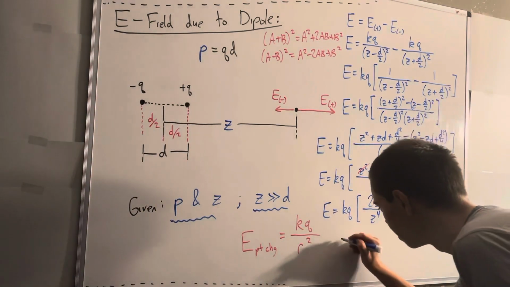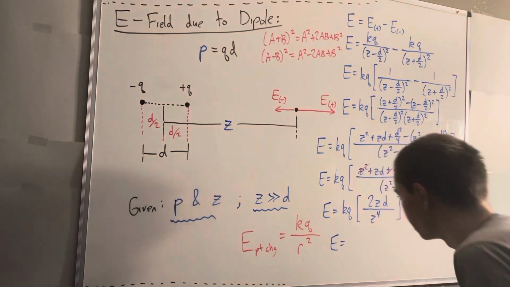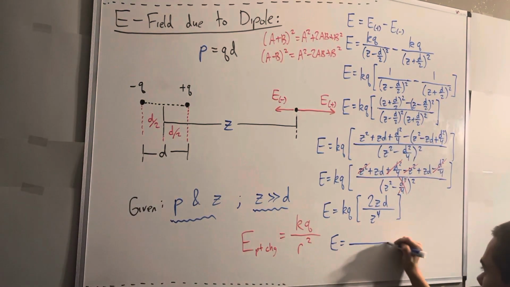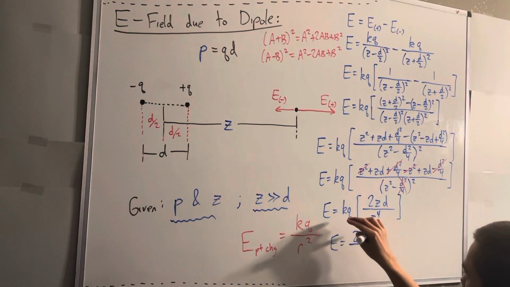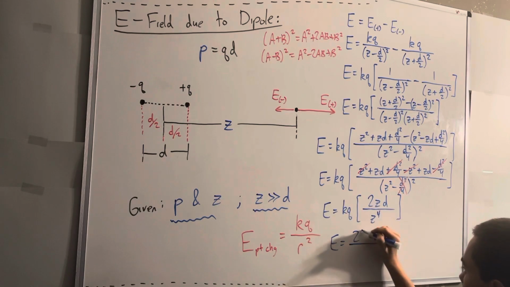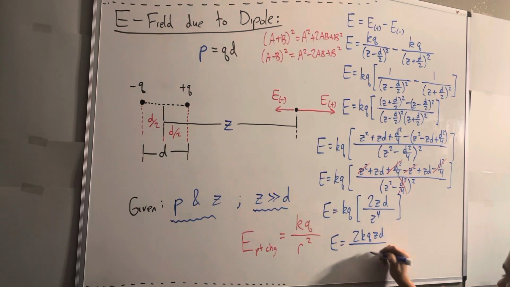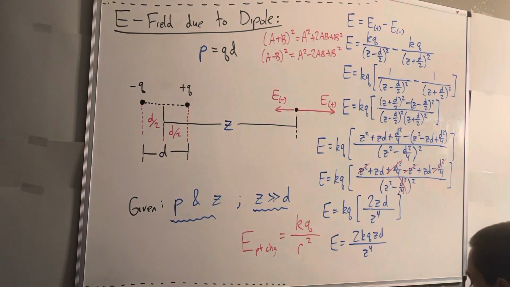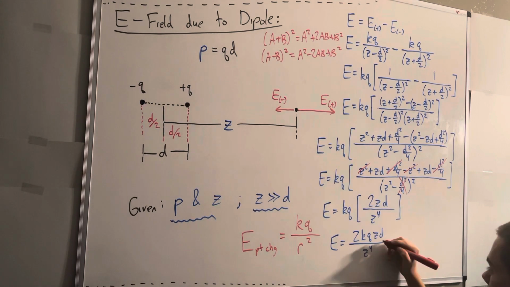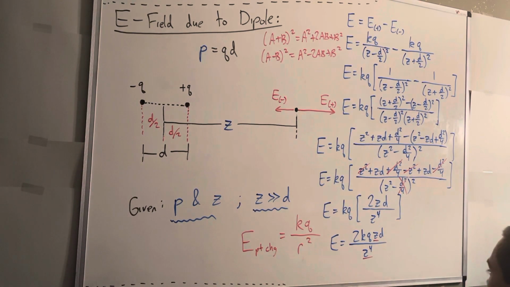So we see that the electric field, when we get 2KQZD, KQZD all over Z to the power 4. And so notice how we have Z over Z to the power 4, which is just 1 over Z cubed.